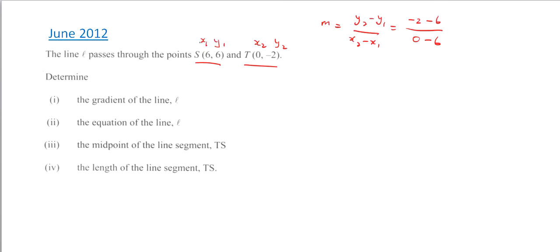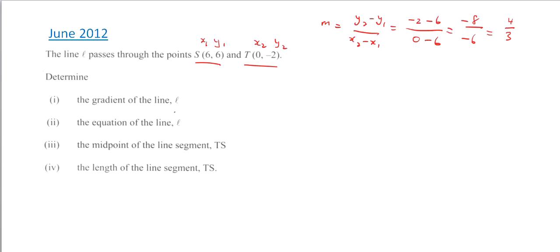You see, if I label my points, there's no way I'll make a mistake when I substitute. -2 minus 6 is -8, and 0 minus 6 is -6, and this will give me 4 over 3. So the gradient is 4 over 3.